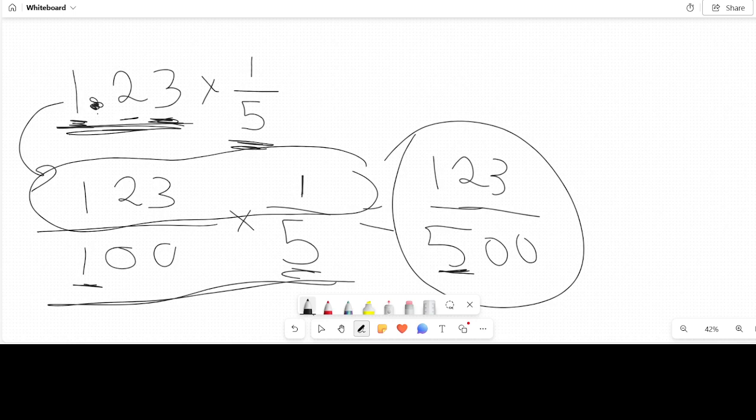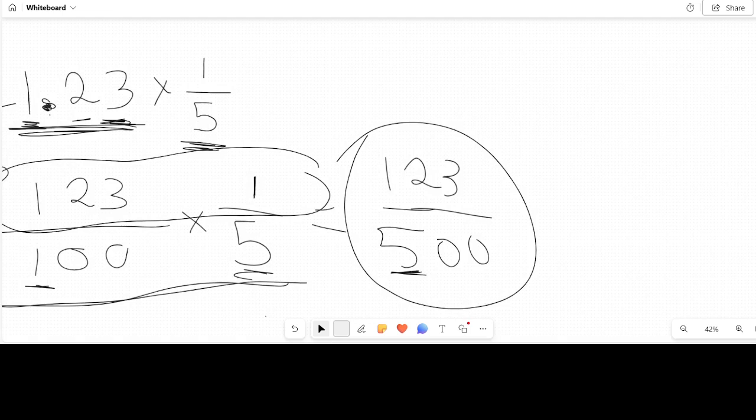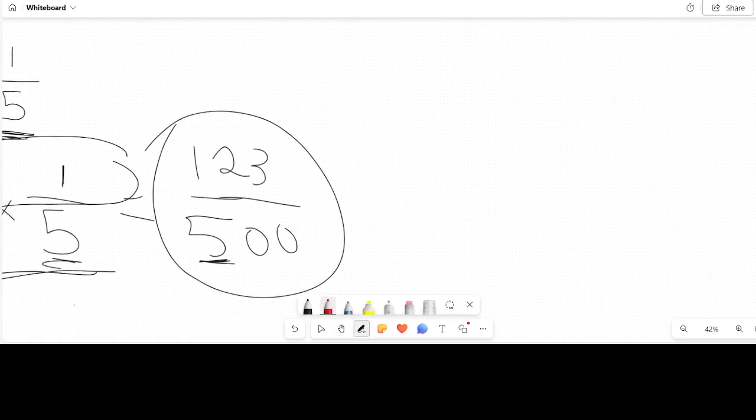So I'm going to go ahead and rename my fraction here to the thousandths. So I'm going to go ahead and set up my renaming. 1,000 is my new denominator.